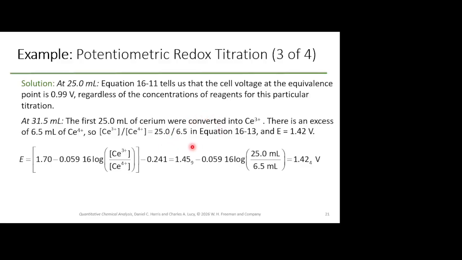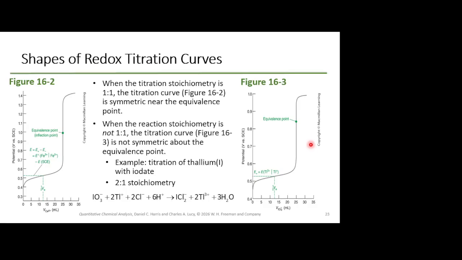That's all we need to plug in here: the 25 we've added to reach the equivalence point versus the 6.5 we added past it. And that will give us that value right there. Any questions? Yeah, it's all kind of just somewhat obvious results of what we looked at before.